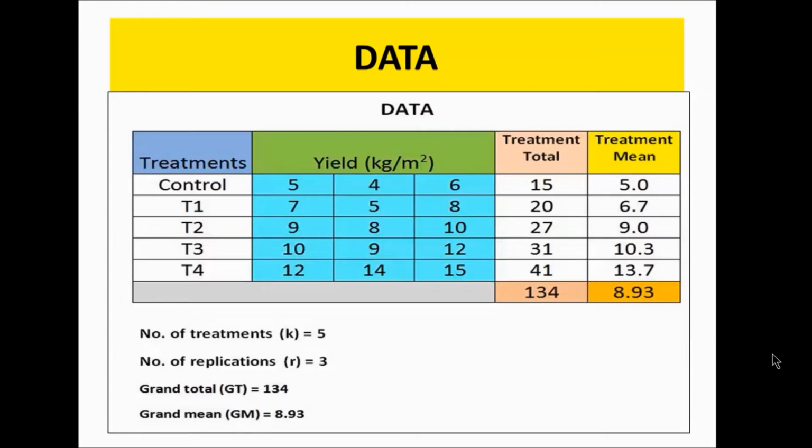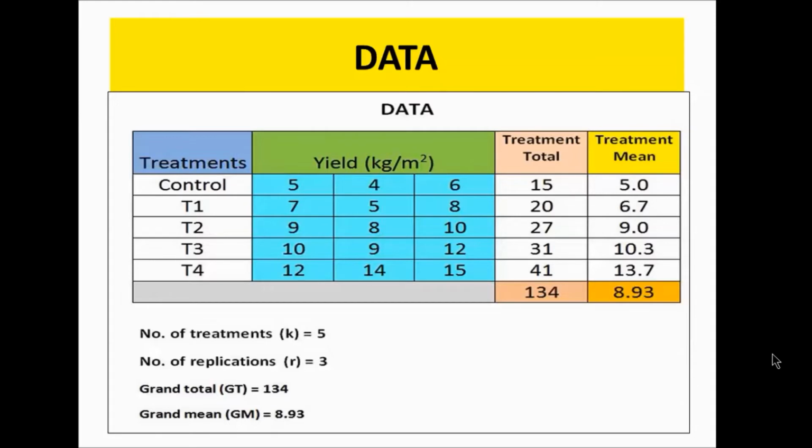To find the treatment means, the treatment total is divided by 3, which is the number of replicates. So you'll have the treatment means in the last column, and the grand total, or 134, divided by the number of entries, in this case 15, you'll obtain 8.93, and that is what we call the grand mean.